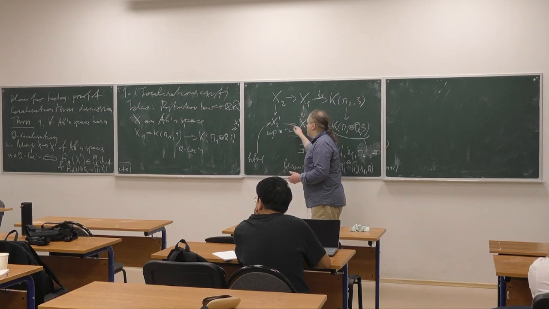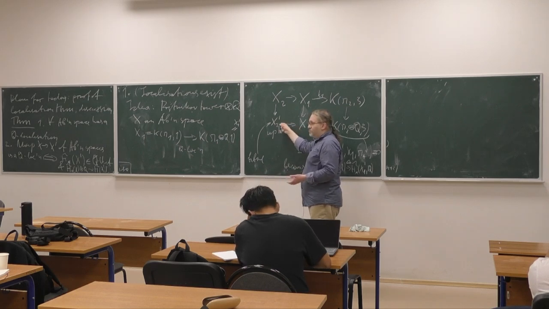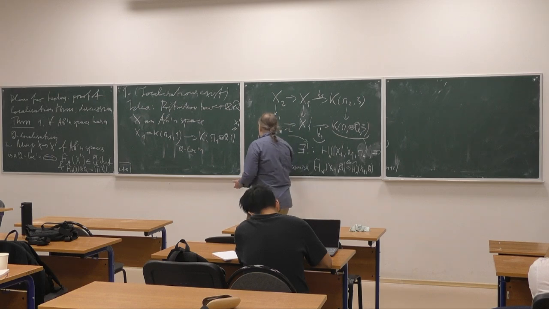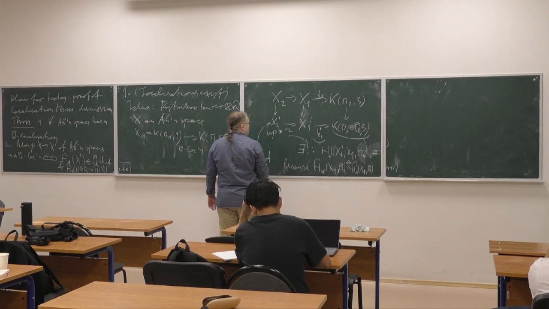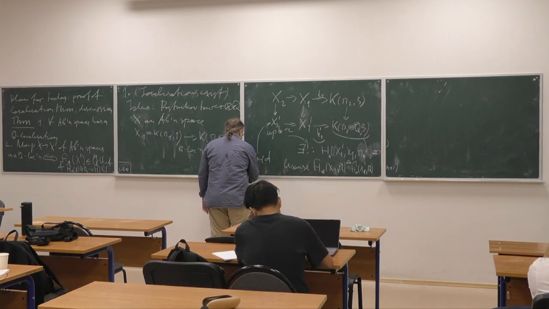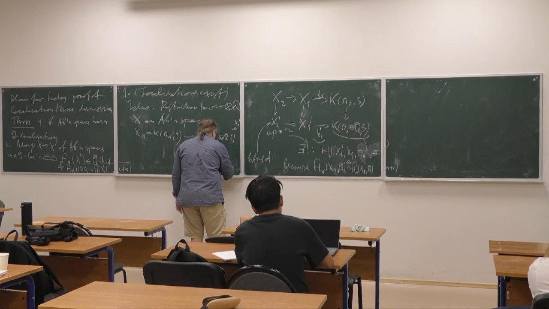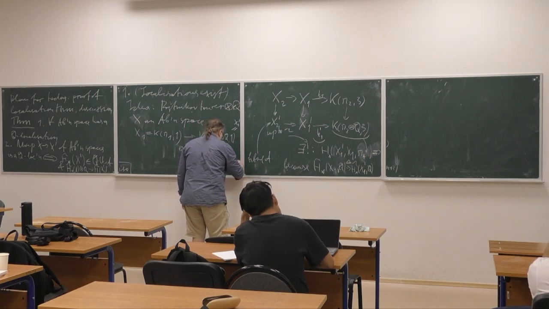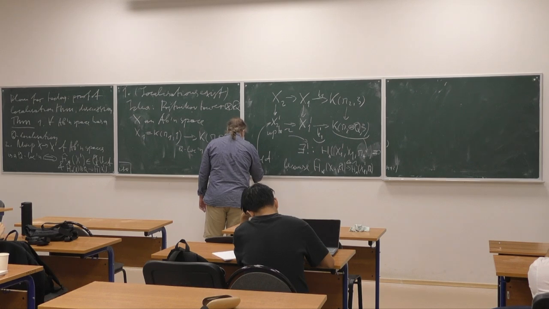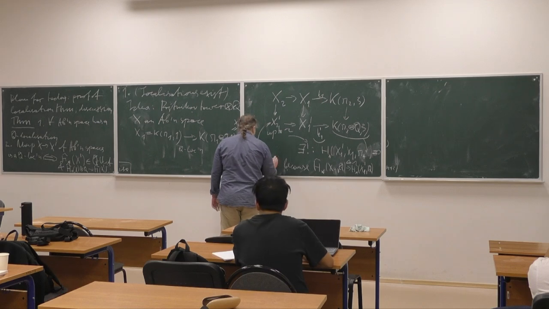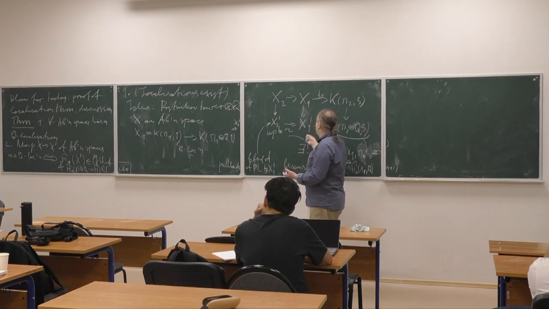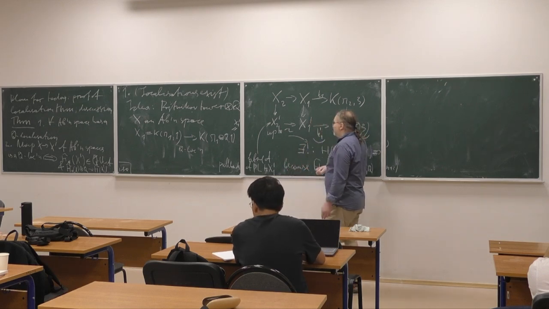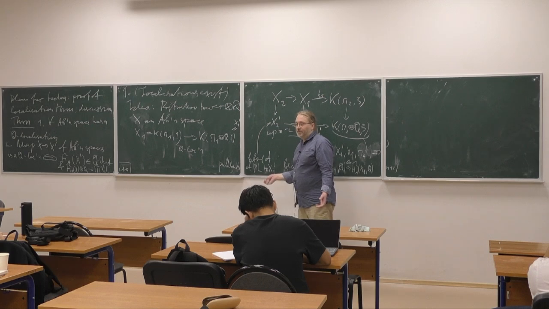Pull it back, we get this fibration, where X2 is the fiber. The fiber of what? The fiber of the pullback of the path-loop fibration of this space to X1 prime.